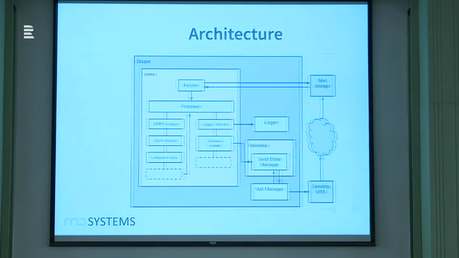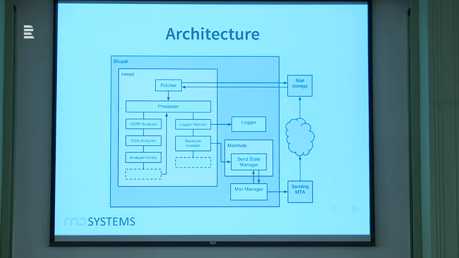So to better understand this, I'm presenting a picture of the current architecture of InMail. The blue thing is Drupal, and the yellow thing is how InMail works. There are three main concepts that we defined in InMail: the concept of deliverers, analyzers, and handlers.